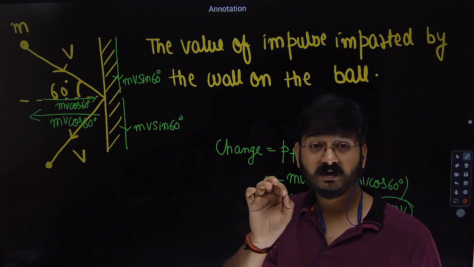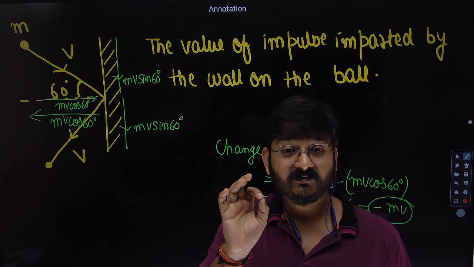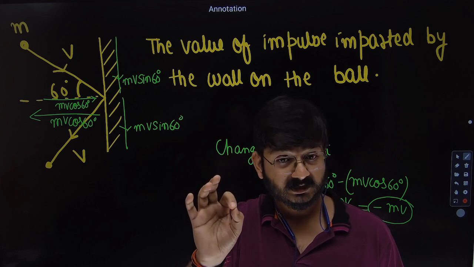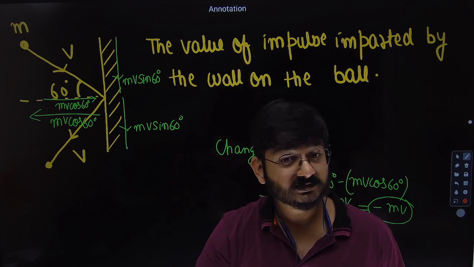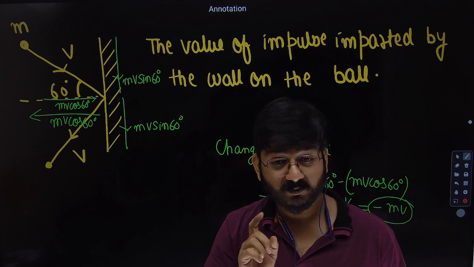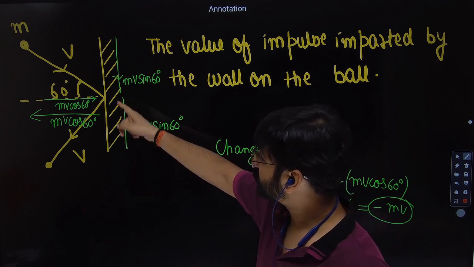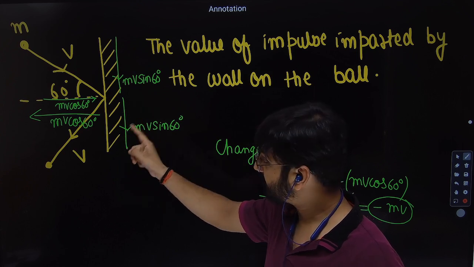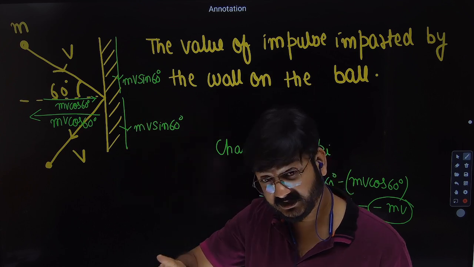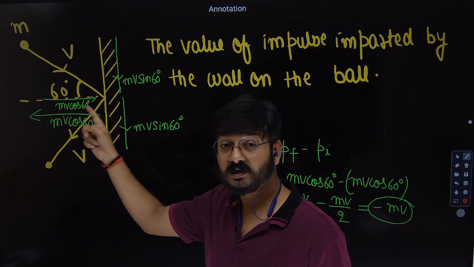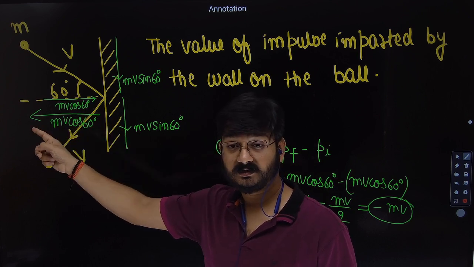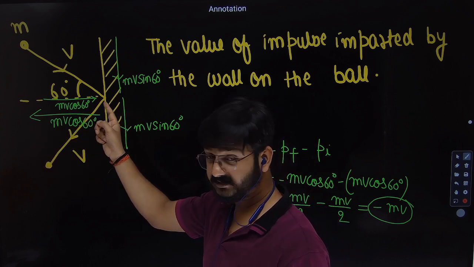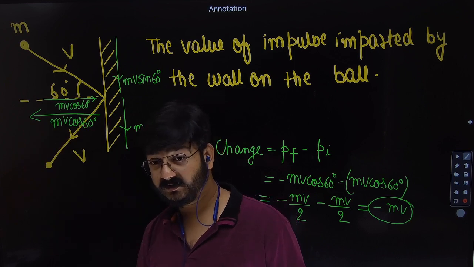Now, what is the point you learn from here? That there will be no impulse parallel to the surface. This is a point which you learn here. There is no impulse parallel to the reflecting surface. Impulse is always experienced perpendicular to the reflecting surface.